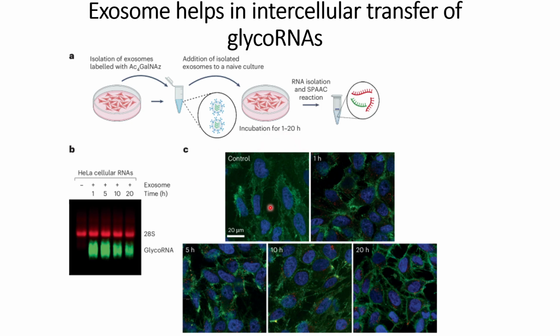We can see that in the control they see glycoRNAs at the cellular membrane level, but with different time intervals of exosome treatment of the native HeLa cells, they can see glycoRNAs present in the intracellular parts of the cells, mentioned here using red dots, at 1 hour, and at 5 hours the number of red dots increases. At 10 hours, and at 20 hours, we can see the intracellular glycoRNA levels decrease significantly compared to the control, whereas the glycoRNA signals within the cell membrane are increased.